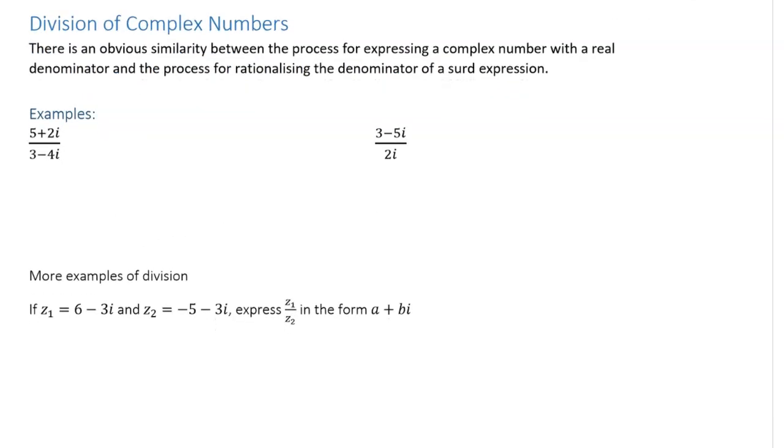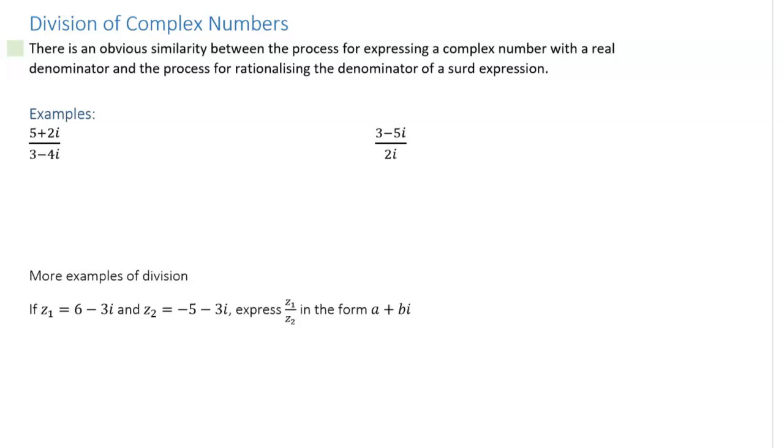Okay, why did we talk about conjugates? 1, I think they're pretty interesting, but 2, they actually have an application within complex numbers. I really like thinking of this in terms of stuff that we've done before. There's a really clear similarity between the process of expressing a complex number with a real denominator and the process for rationalizing the denominator of a surd expression.